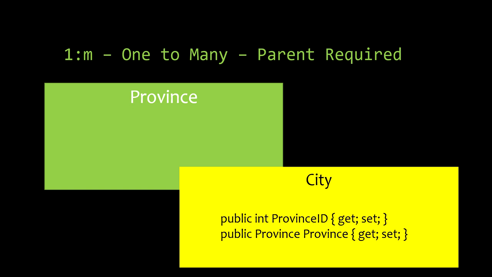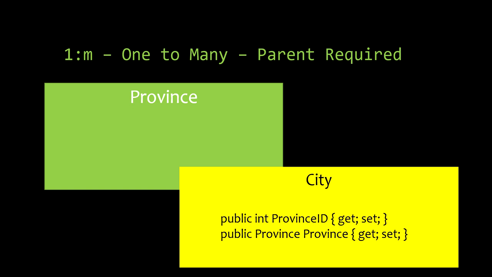And if that's the only property we had in here, it would work, right? Now, what happens in the background is that inside the model, it will create this foreign key based on the data type of the primary key in province.